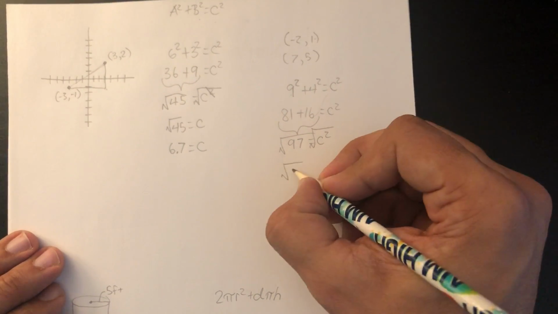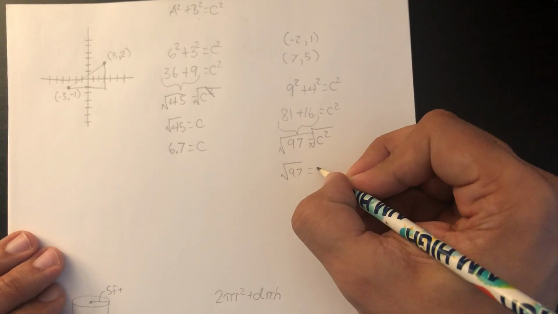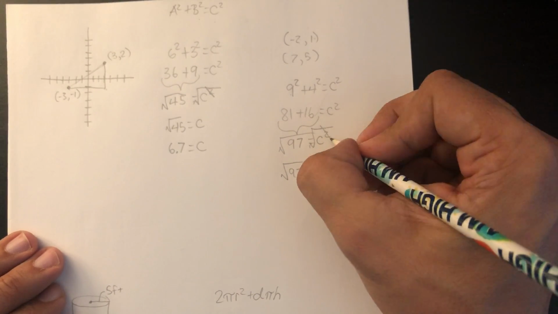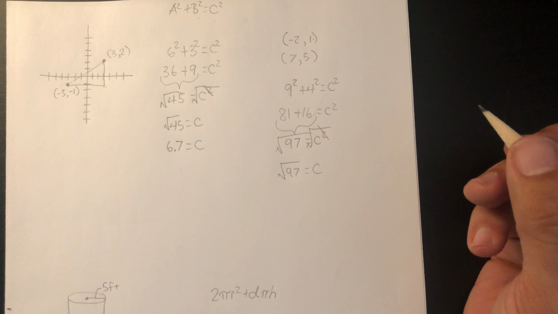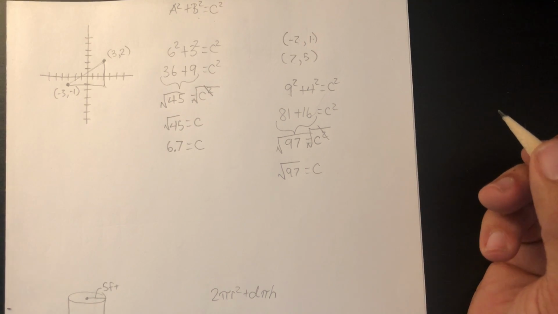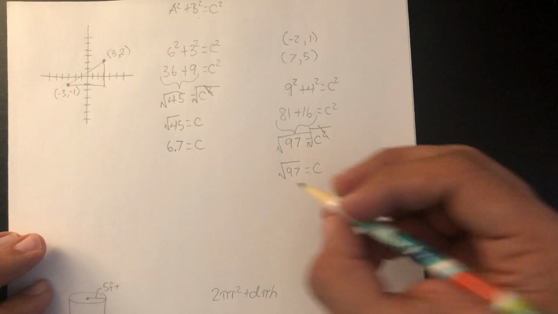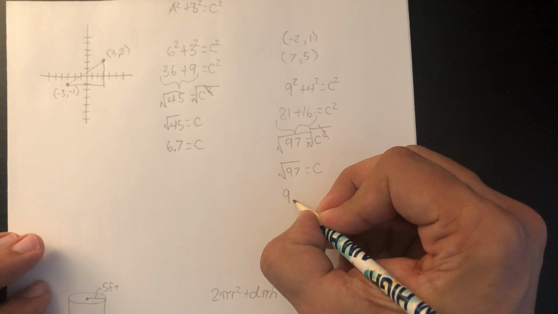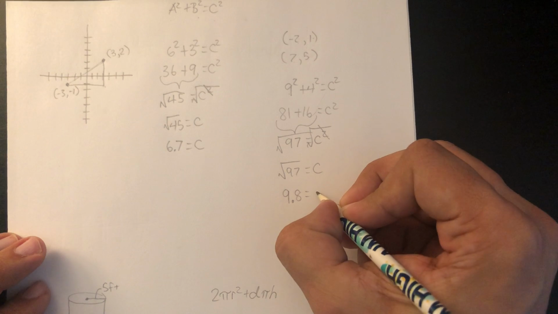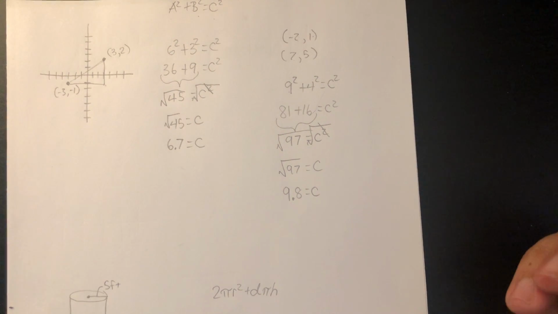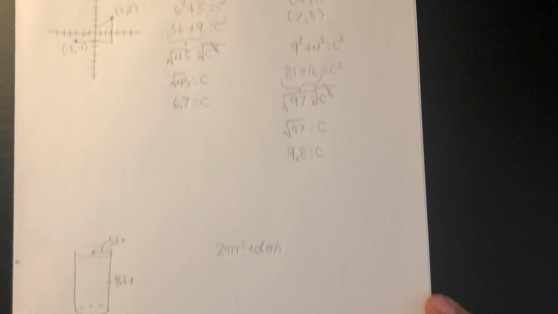So the square root of 97 equals C, because the square root cancels it. So if you were to type in the square root of 97, you'd get 9.84. So we're just going to leave it as 9.8 equals C. Okay? So that's for that part.